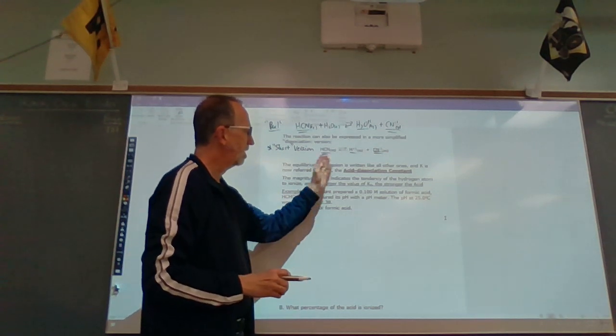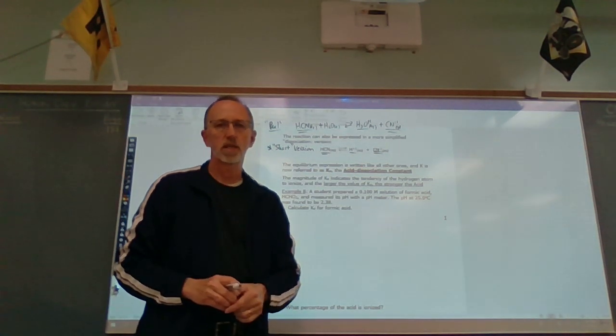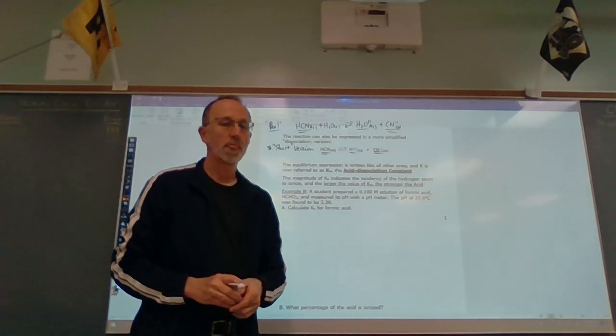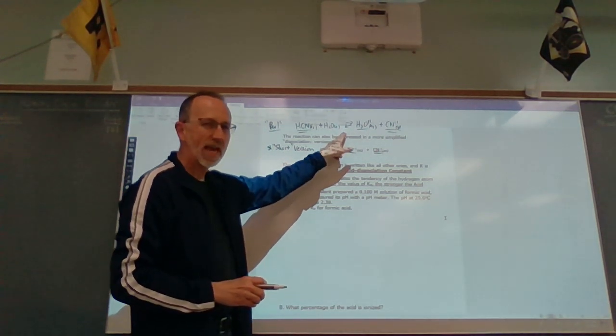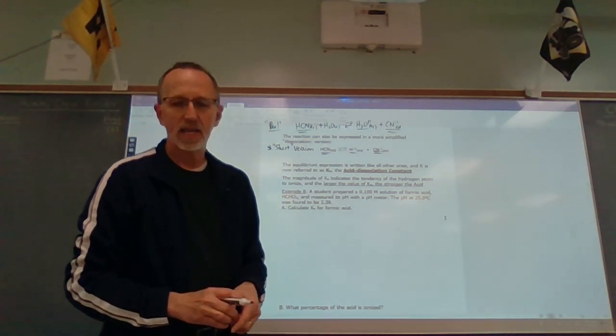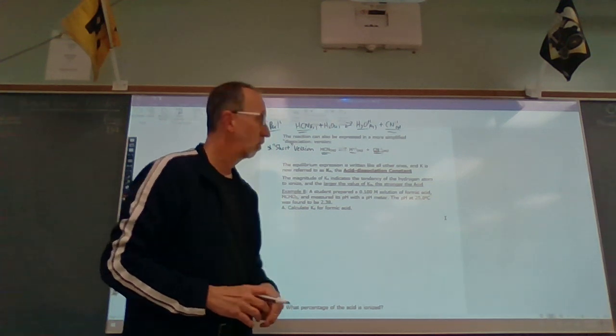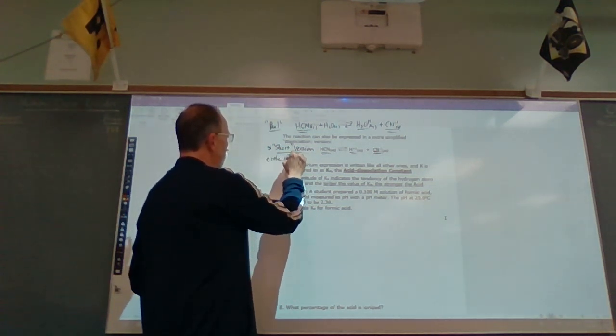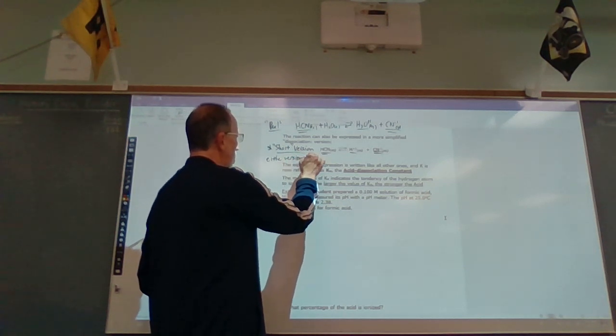So these two equilibrium equations are describing the same reaction. Just remember, this is what really happens. This is just a shortcut way of writing that. Either version is okay.